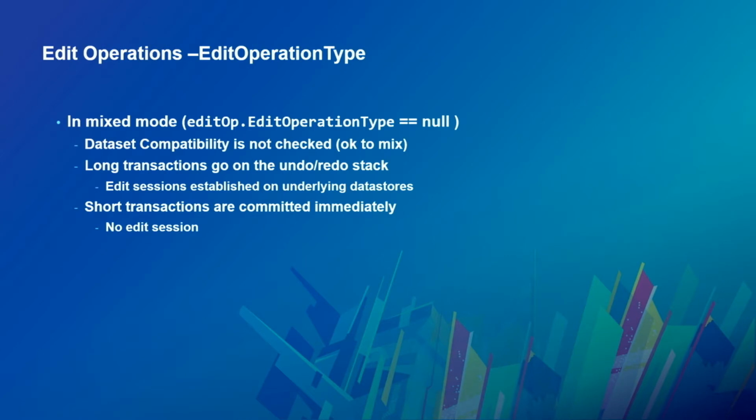What it does internally is it's establishing an edit session and then maintaining the edit session on your behalf until you then do the commit for the long transaction pieces. For the short transaction pieces, it's just an immediate commit. And as a result of that, they are not participating in the undo and redo behavior.